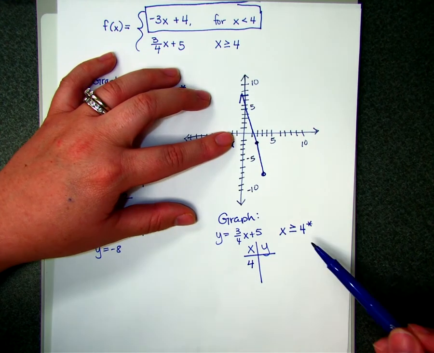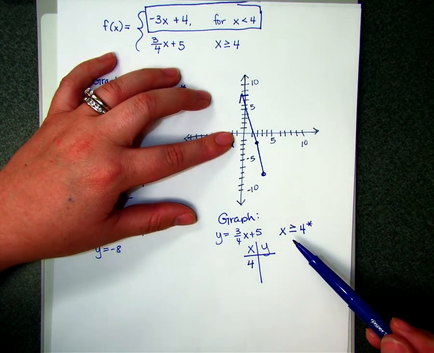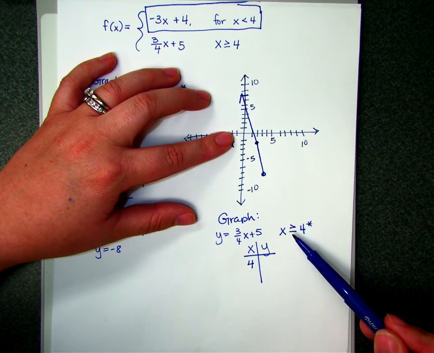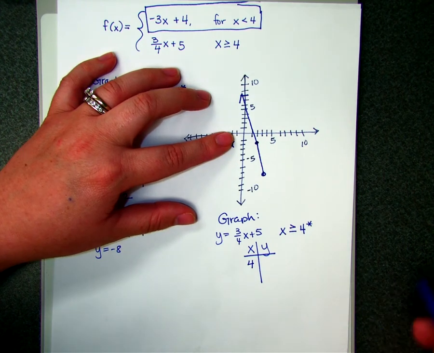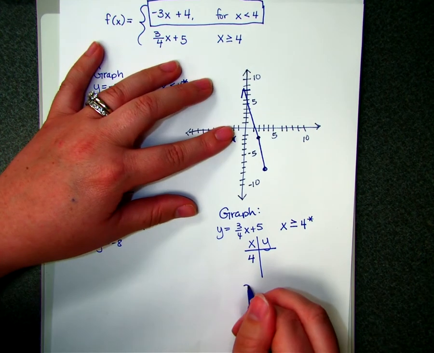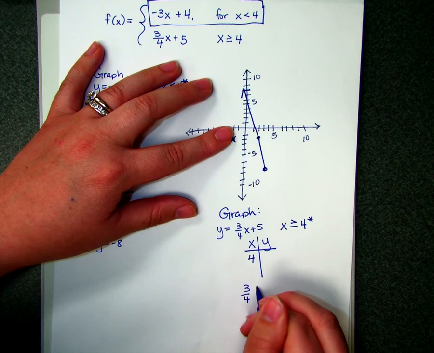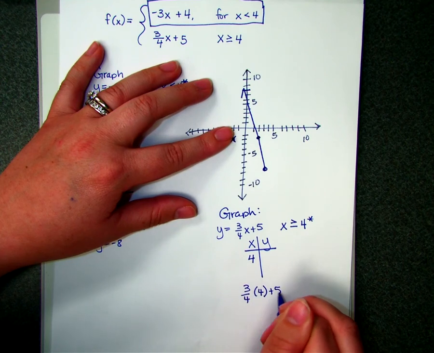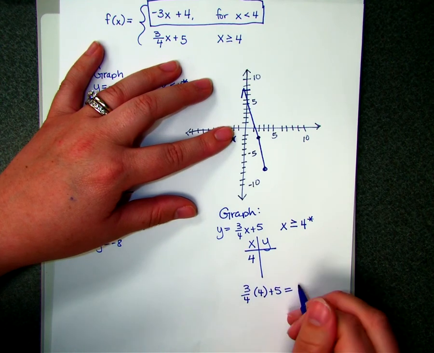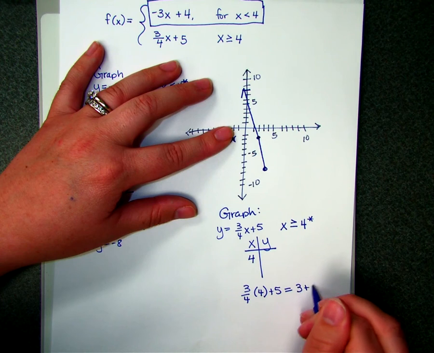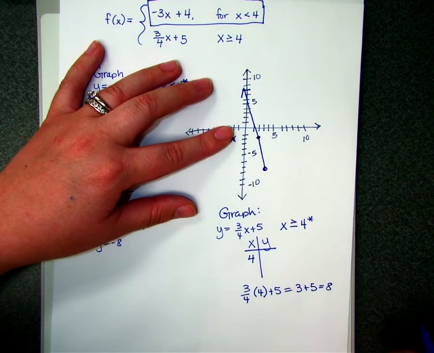So we can actually use the value of 4 for this piece of our function because it says x is allowed to be equal to 4. So plug that in. 3/4 times 4 plus 5 is equal to 3 plus 5, which is equal to 8.